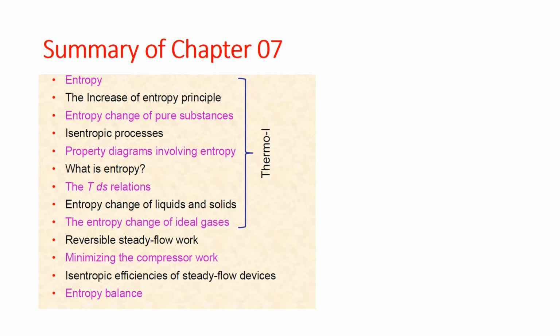And in Thermo 2, you have seen reversible steady flow work, minimizing the compressor work, isentropic efficiencies of steady flow devices, and entropy balance. Okay, so that was the summary of chapter 7.